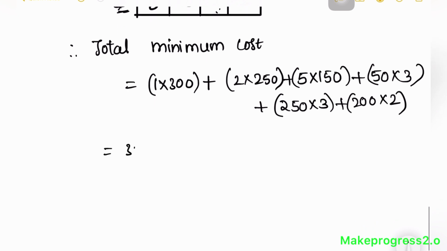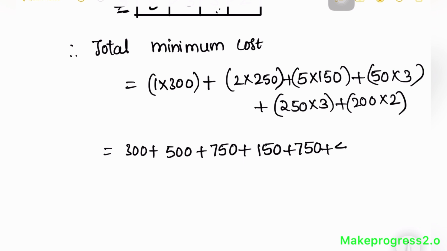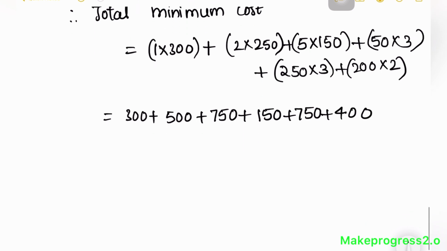So if you multiply these, you will have 300 plus 500 plus 750 plus 150 plus 750 plus 400. So if you add all these, after adding you will get 2850 as the answer. So this is the total minimum cost of the transportation model.